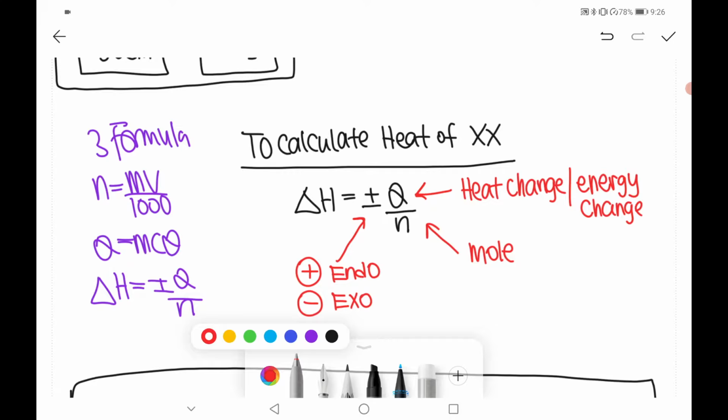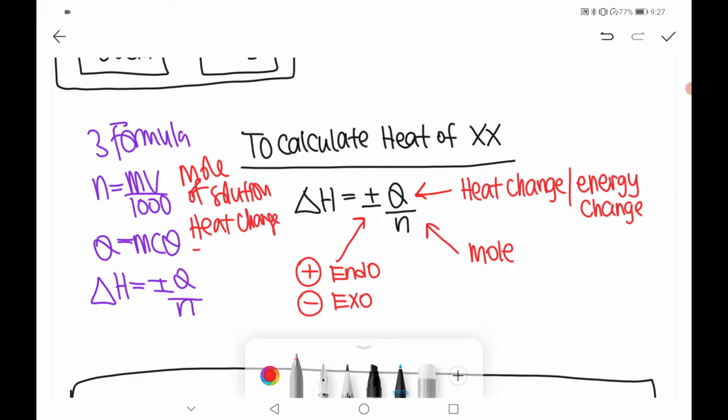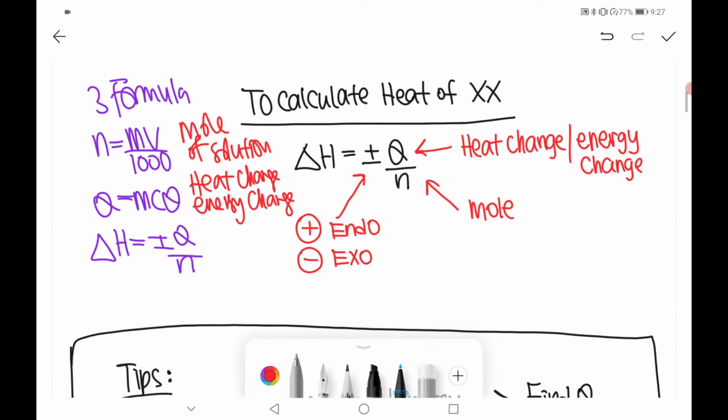You must be very clear about which formula you should use. If the question asks you to find the mole of solution, you use n equal to mv over 1000. If the question asks you about heat change or energy change, then you go to find Q. You go to find delta H if the question asks you for heat of something.